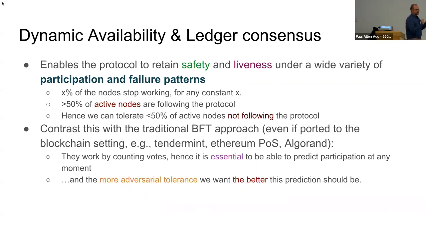Something interesting about this is that the more adversarial tolerance we would like to have, the better this prediction should be. It's interesting to contrast this with what we get from the Bitcoin blockchain as a ledger consensus, where the adversarial tolerance is 50% and is unaffected by the actual participation.